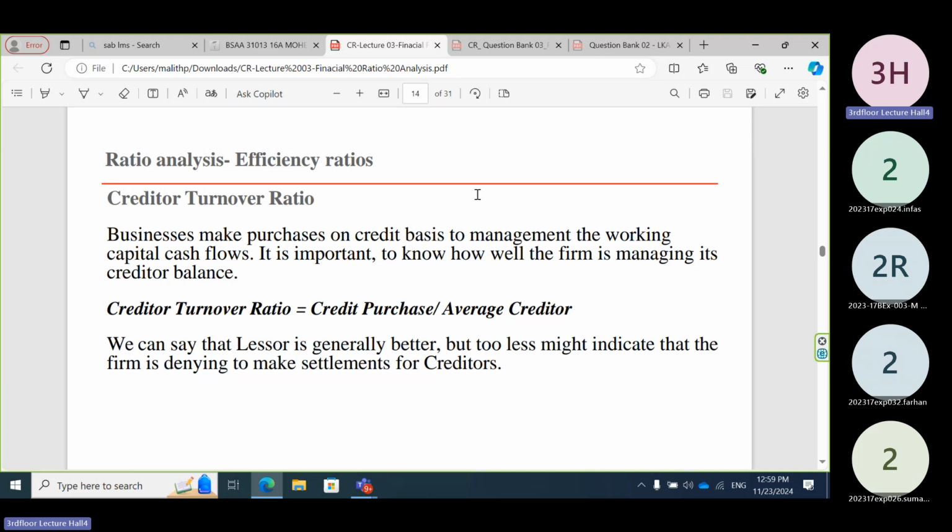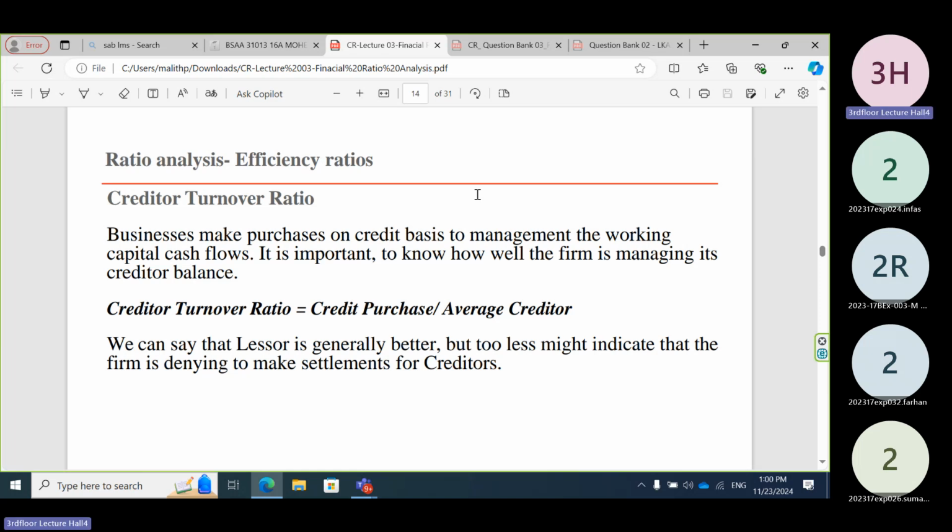But we are not promoting ultimate higher values. Why? It means you are delaying payment to your creditors, your vendors, and then you are losing your good vendors. So you need to focus on that. We can say that lesser is generally better, but too little might indicate that the firm is unable to make settlement to creditors.